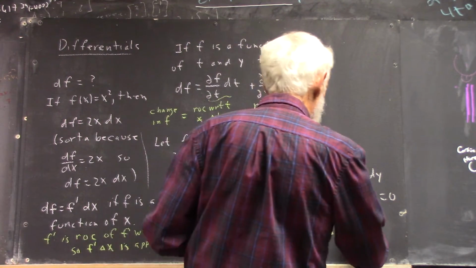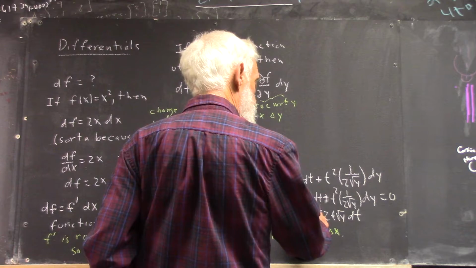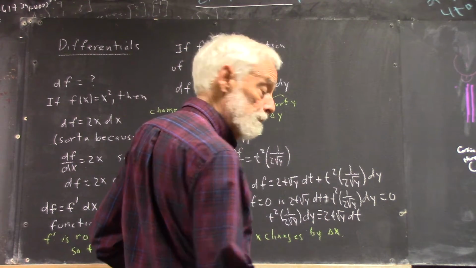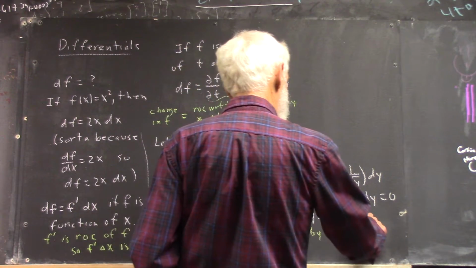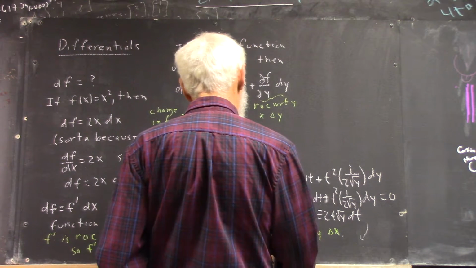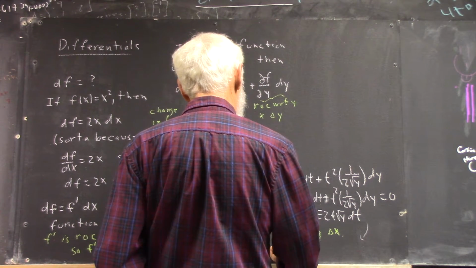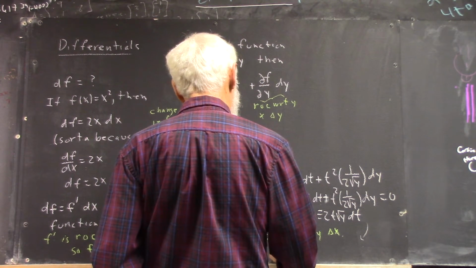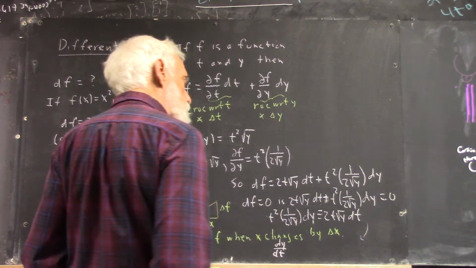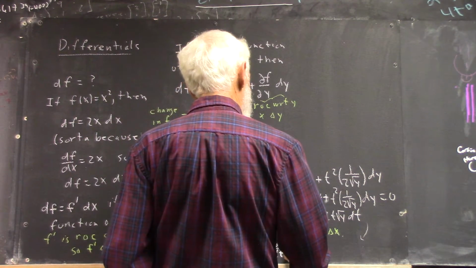Well, if I divide both sides by dt, I'm going to have a dy over dt over here, right? So dy dt is going to equal what?